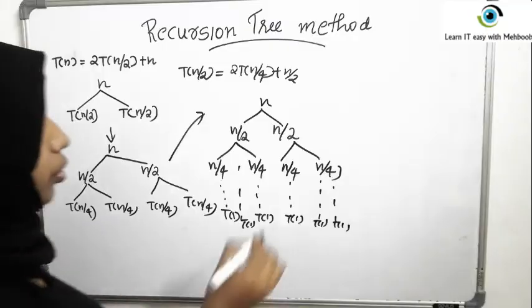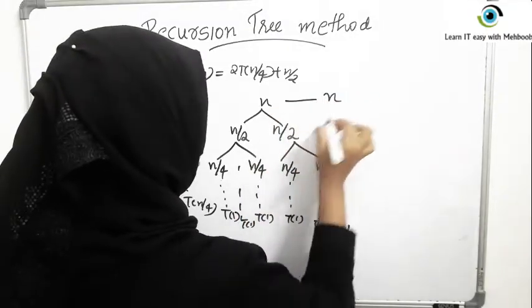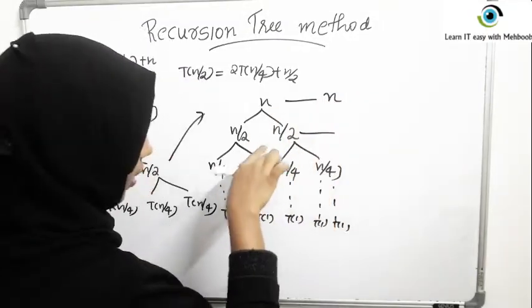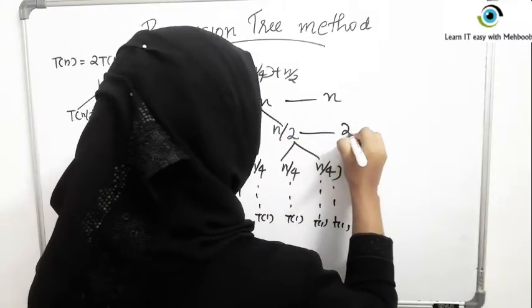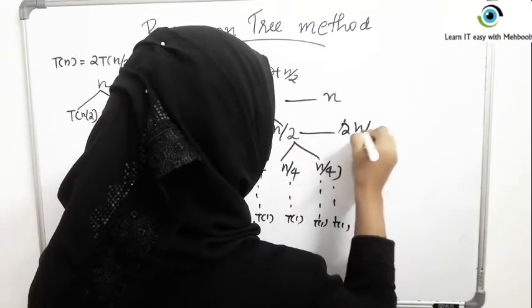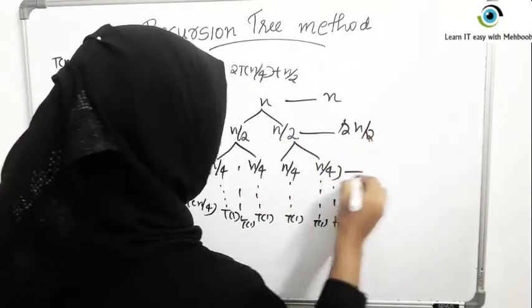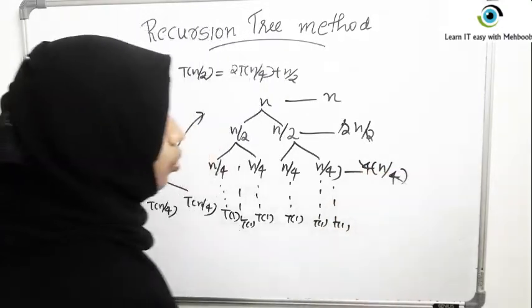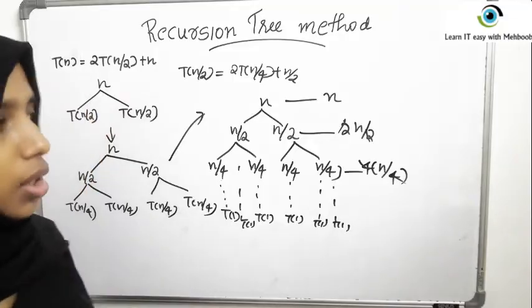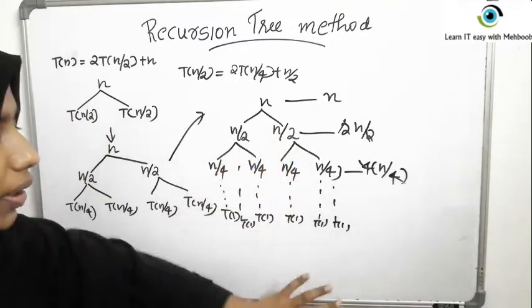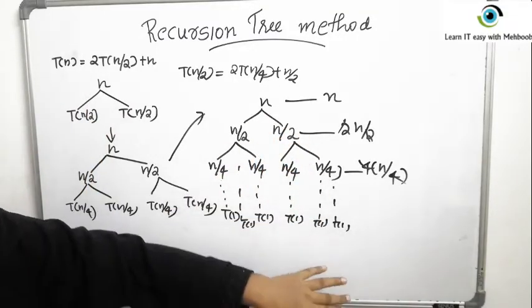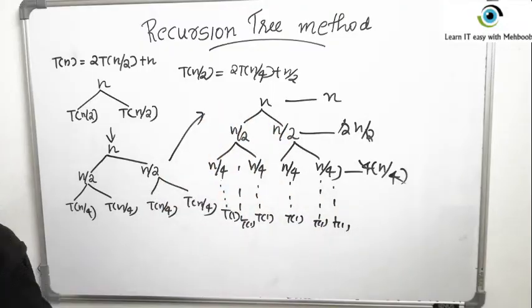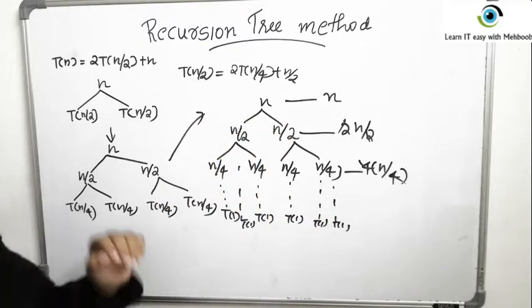So total cost at this level is n, total cost at this level is 2 n by 2's, which is definitely n. At this level it is 4 n by 4's, so that is definitely n. So the cost at each level is n. To find out the total cost of this tree, the only thing remaining is to understand how many levels there are.